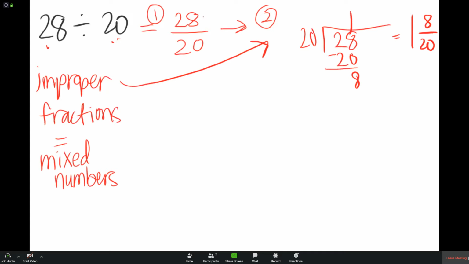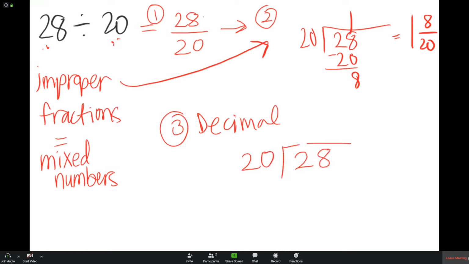So once we have this down, we need to find our decimal. Again, we have to do long division. So in and out, 20 goes outside, 28 inside. We said that it doesn't go into 2, but it goes into 28 once. We subtract and we get 8. And then this is where we need to continue the problem in order to find our decimal.